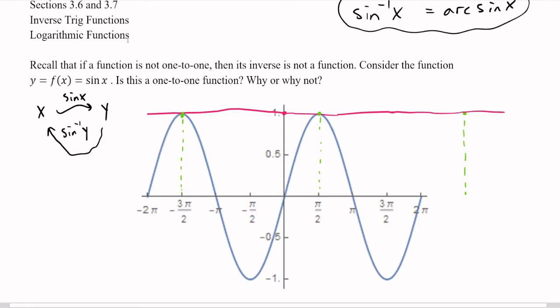So what we do to get around this, because we still want to have that idea of an inverse function, is we say, okay, can I find a place where it is one-to-one? Let's start with this point here. If we want this 1 to go back to only one x value, then we need to make sure we somehow restrict the sine function to not have both of these peaks or both of these valleys.